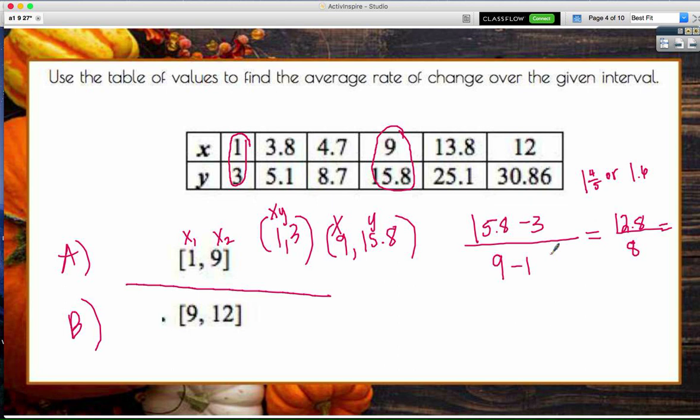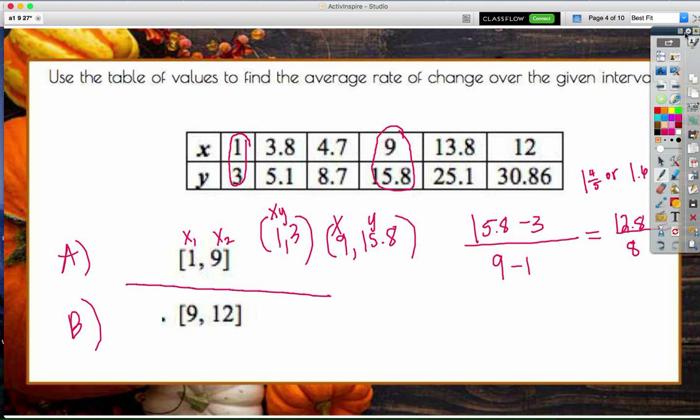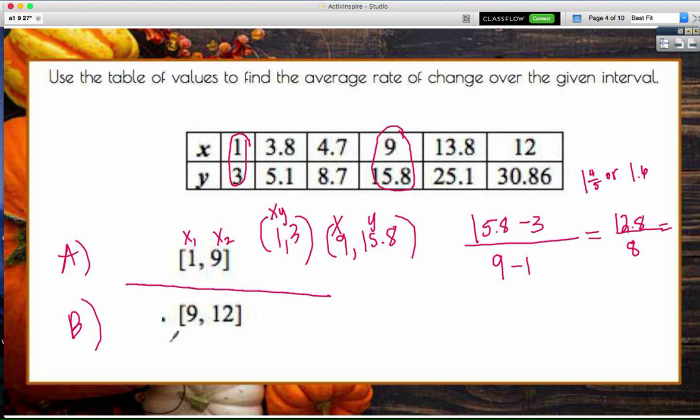All right, Jacob, what did I first have to do? I need you to lead me through the whole thing. What did you do very first? First you find the y value under 9, which would be 15.8. Okay. So my first pair is 9, comma 15.8. You find the y value for 12, which would be 30.86. Okay. So that's the other ordered pair. And then what did you do from there, Jacob?